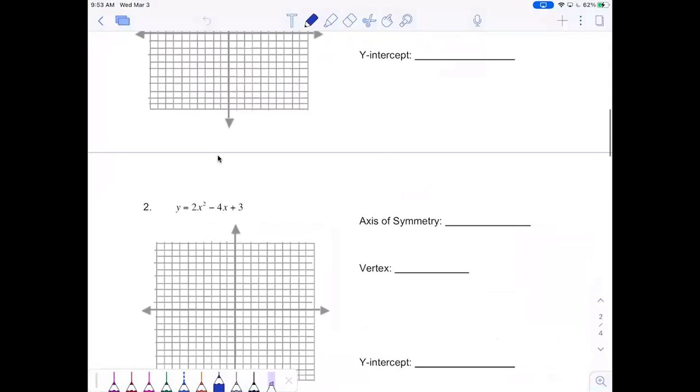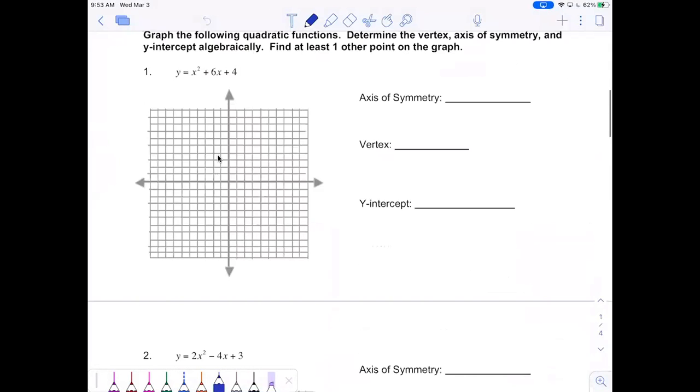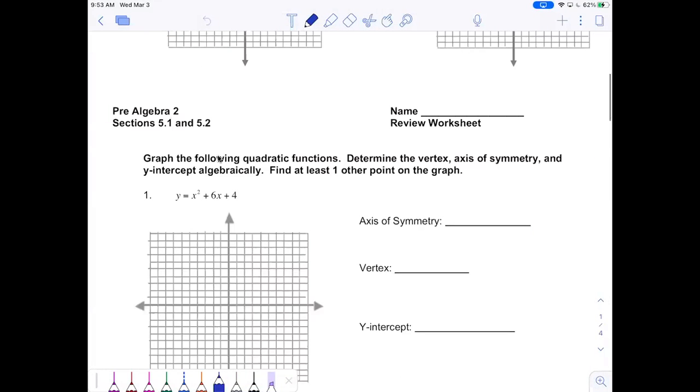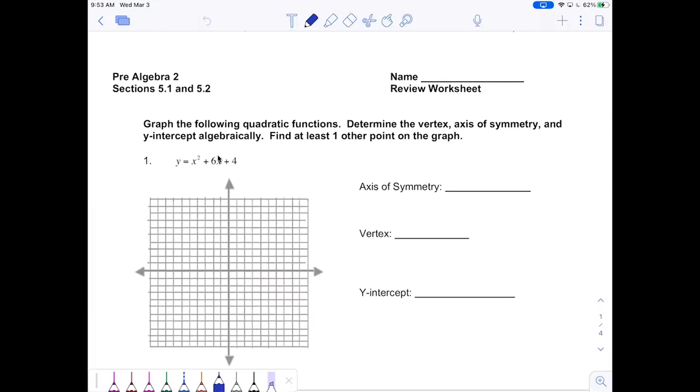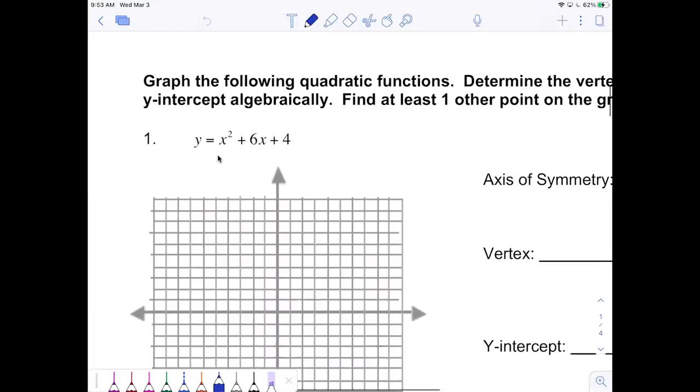Number 1 and 2 underneath are exactly like the second problem that Mr. King went over. So you might want to write next to this or above it to remind yourself that this form is ax squared plus bx plus c form. Or maybe underneath, write A, B, and C. But write something there to remind yourself what form you're looking at.